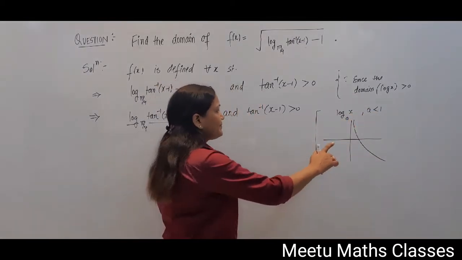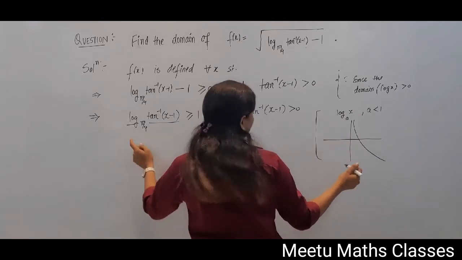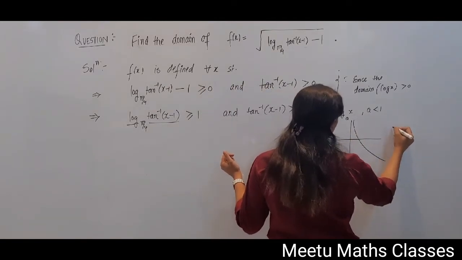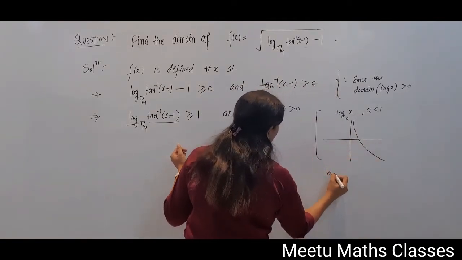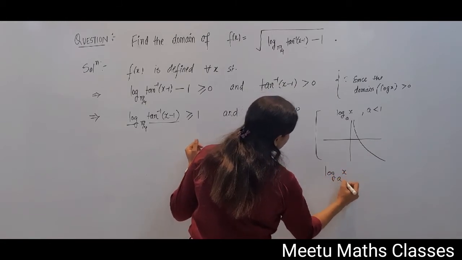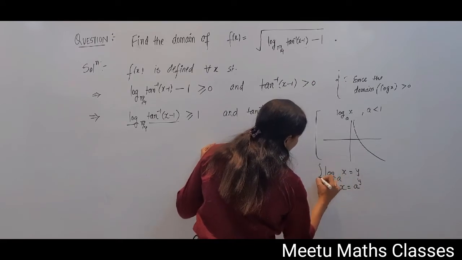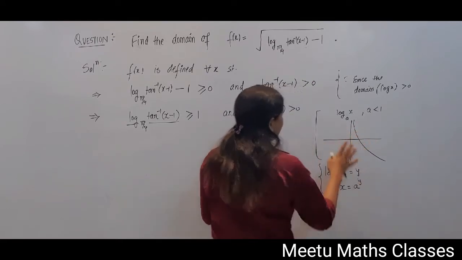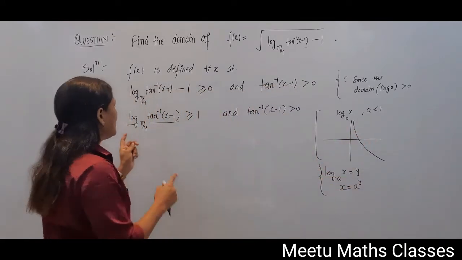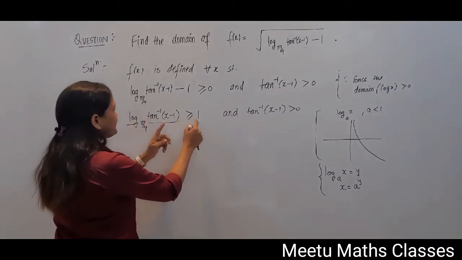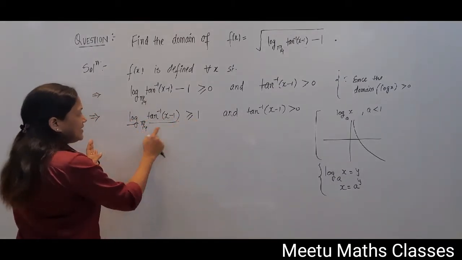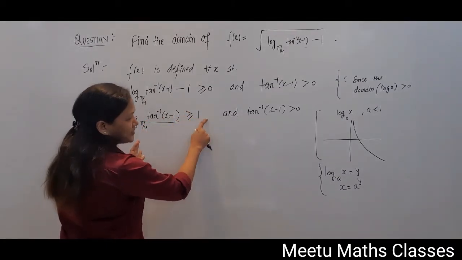Okay, so we know another property: if log x with base a is equal to y, then x is equal to a raised to power y. So we are going to apply these two things. Log of something with base a is greater than or equal to 1.